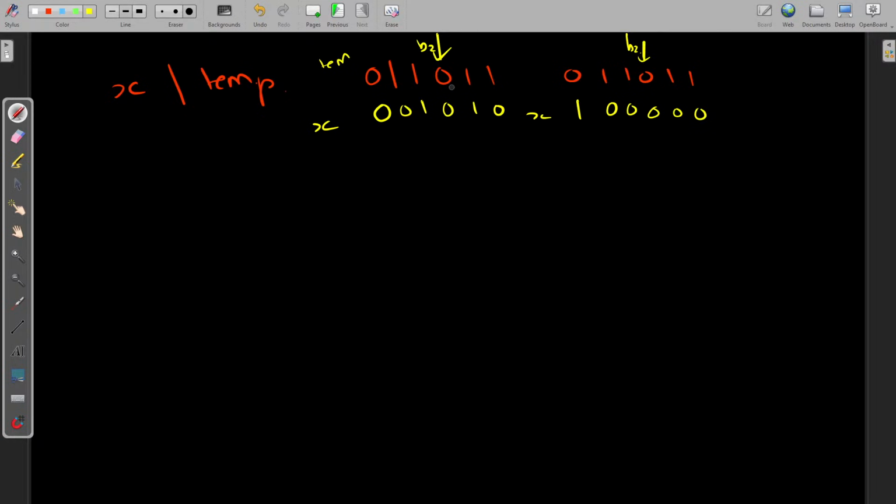So I can see, okay, X has this particular bit off and temp also has this particular bit off. And in the second case also, X and temp both have this particular bit off. So both are fine, right? At first glance, it looks okay, both are fine, but not. Because in temp, we had already turned off the most significant bit over here.